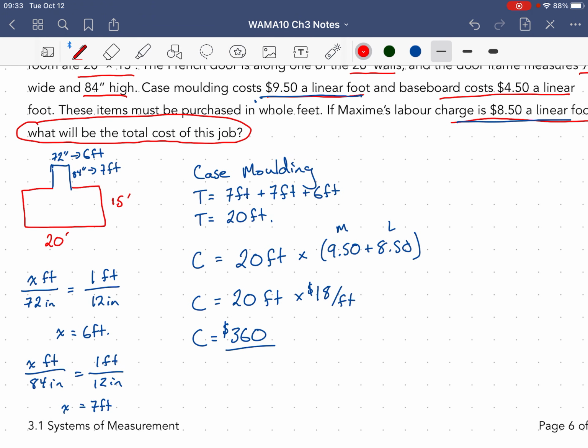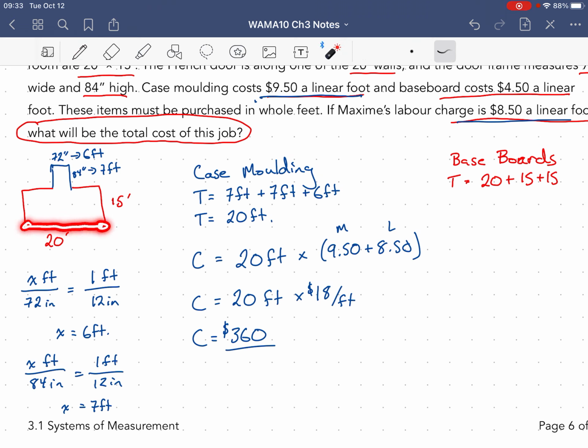All right, now, what about the baseboards? So let's do the baseboards. So the total, he's got 20 feet for the one whole side, plus 15 feet, plus another 15 feet, right? There's 20 feet here, there's 15 feet here, and there's 15 feet here.